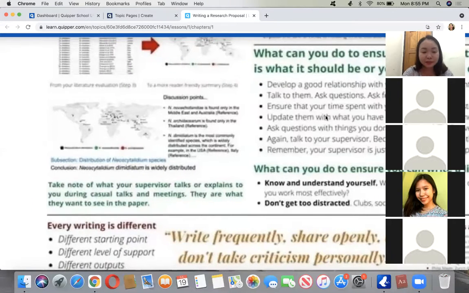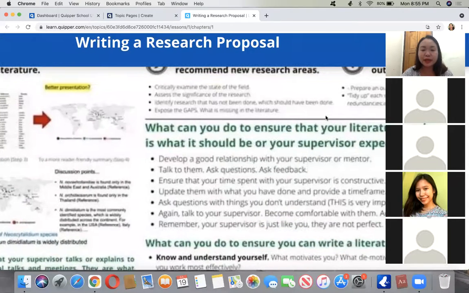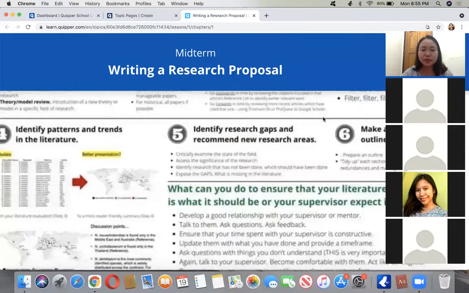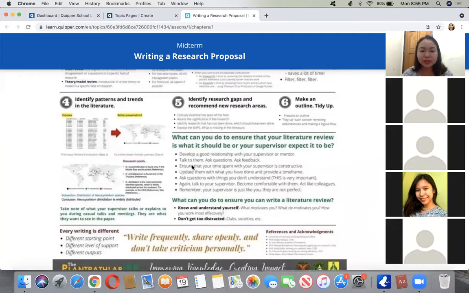So going back, your paper is always being criticized and reviewed by your panel members. So step 5, identify research gaps and recommend new research areas. It is also part of this.